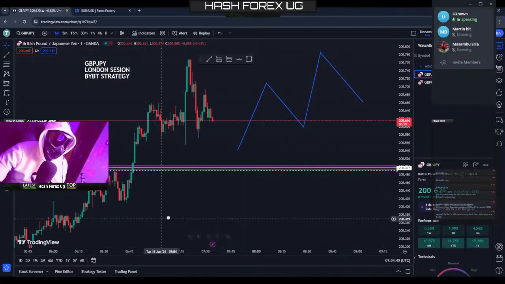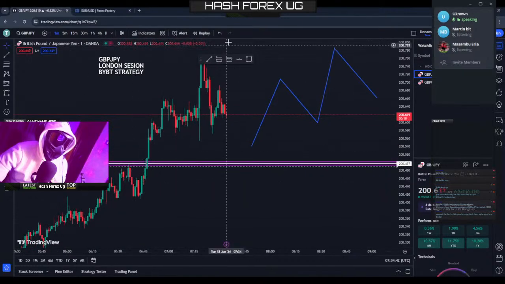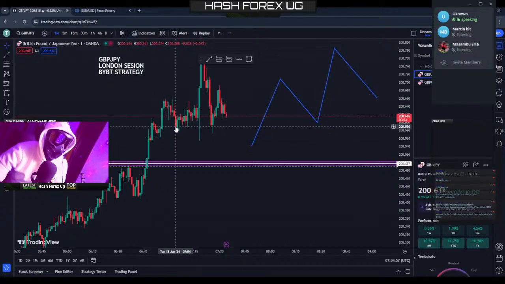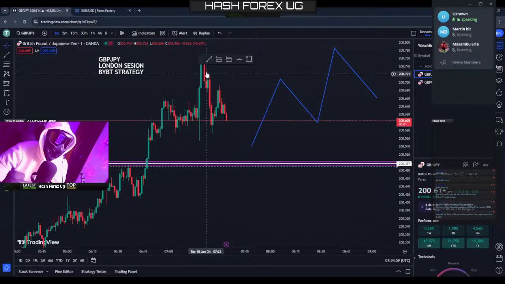If you look at the structure, I think that's what it's doing right now. You're seeing that it's coming back and pulling back, which is still respecting the lows here. It's giving us this impulse to the upside, creating new highs, pulling back here, creating that low.